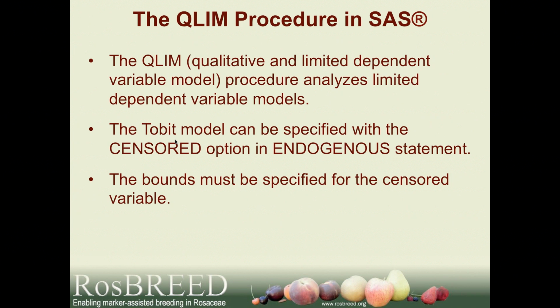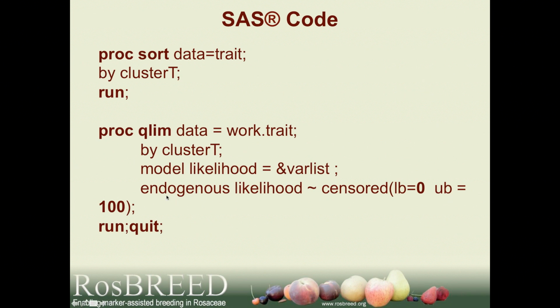The bounds must be specified for the censored variables. Here the endogenous variable is our likelihood. We have the option censored to indicate that the model is a Tobit model, and we specify the lower bound as 0 and upper bound as 100.